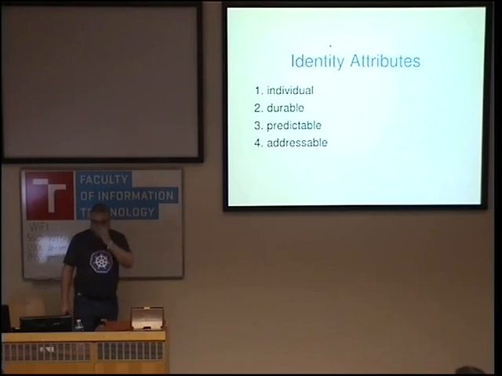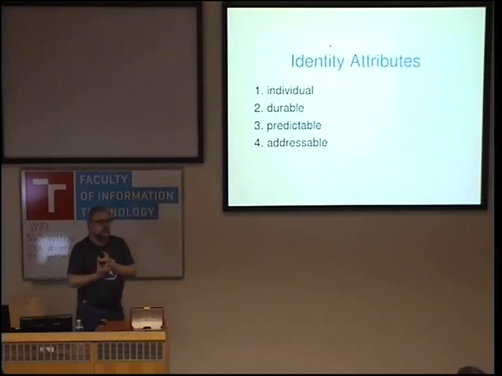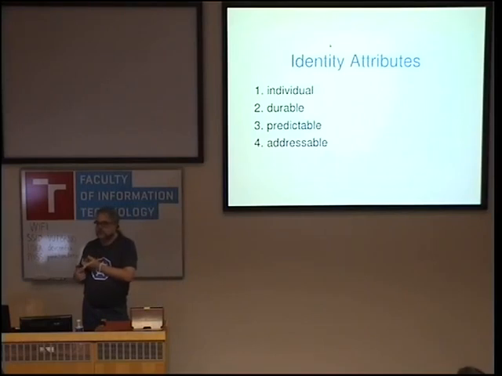Now, again, four aspects of identity in order to make identity work: it has to be individual, obviously. Identity only makes sense if it's attached to only one container, because if identity could attach to more than one container, you've already broken things. It needs to be durable, as in we don't change the name of a container on the fly just because something reset.